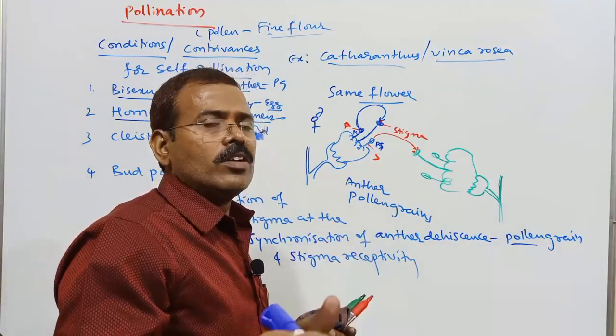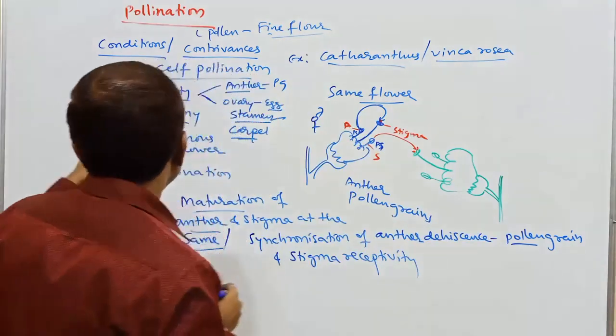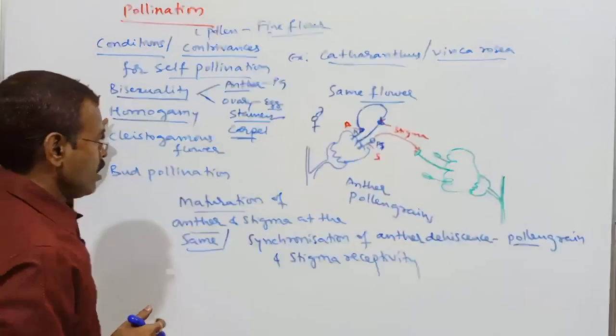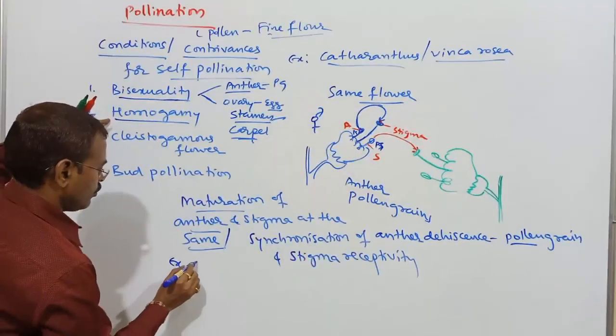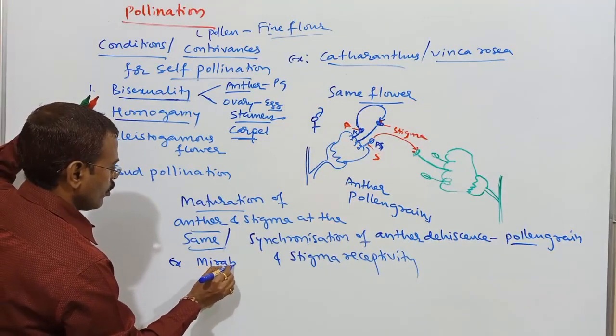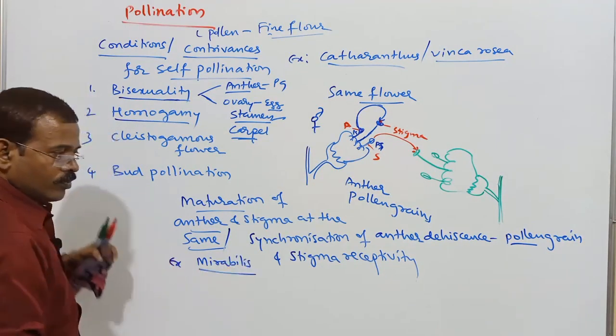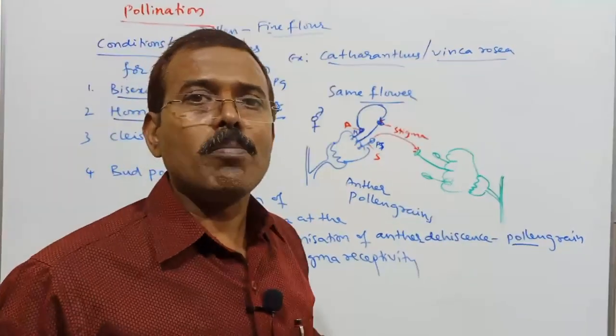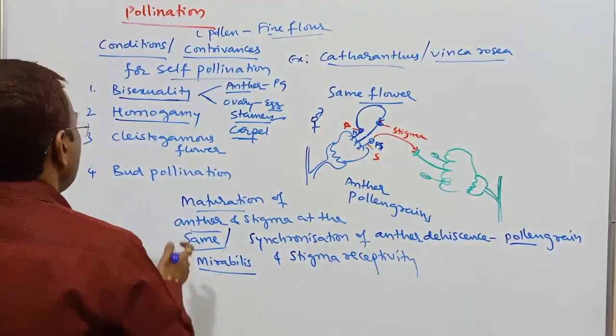Then there is self-pollination. So this is homogamy. Homogamy example, Mirabilis.